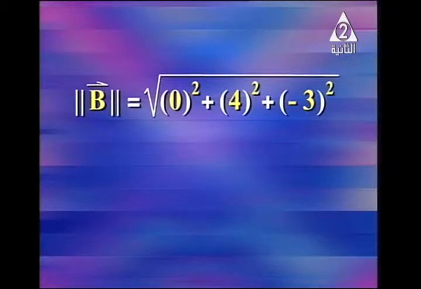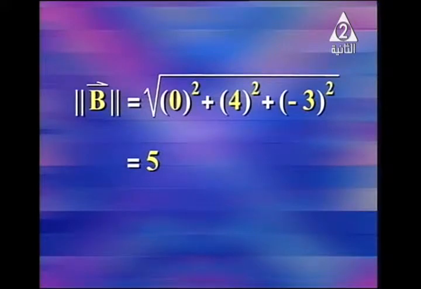What is the norm of vector B? By the same method, we find the square root of BX square plus BY square plus BZ square. Therefore, the norm of B equals 5. Why?